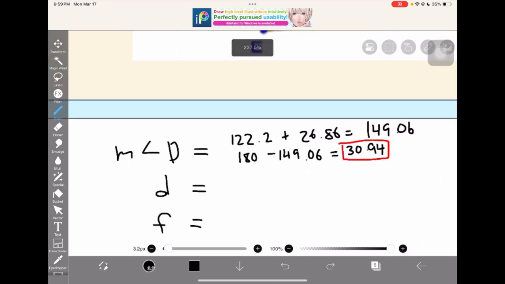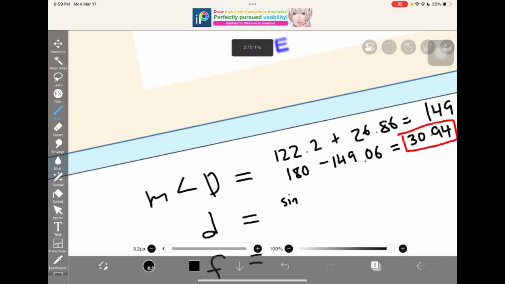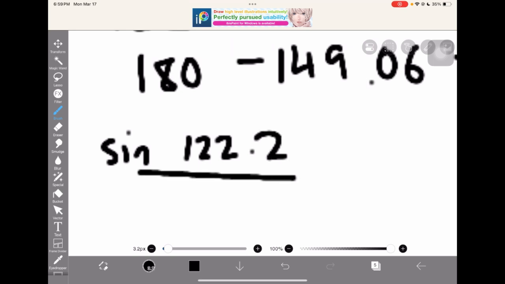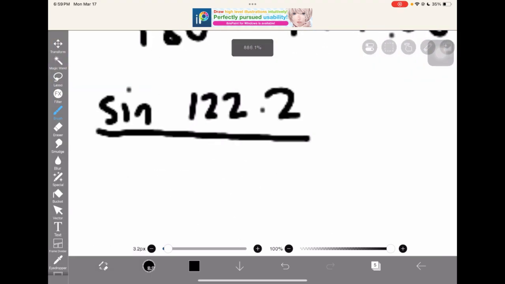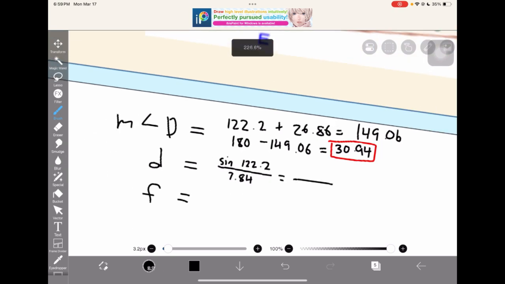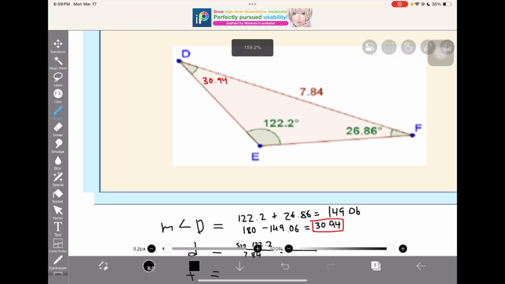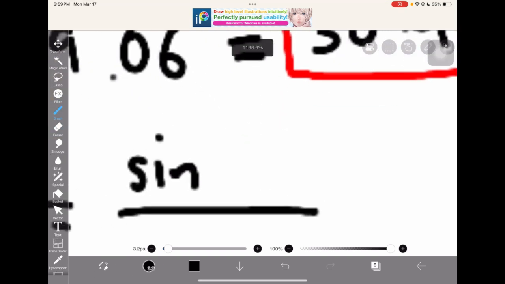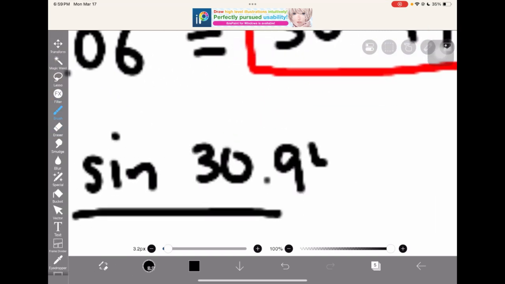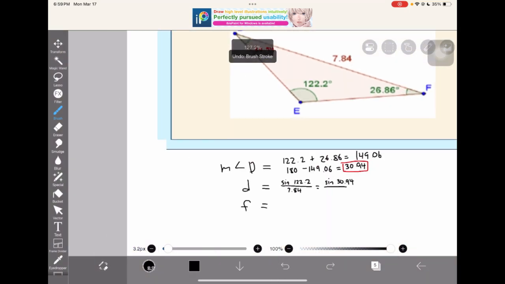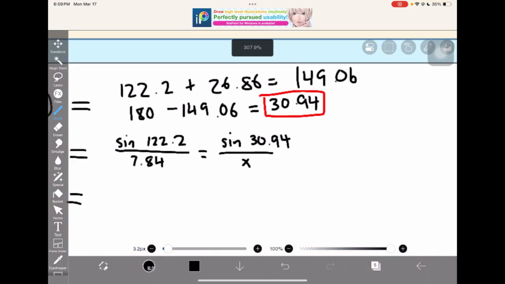So sine of 122.2 all over 7.84 is equal to, we're looking for side D, so we're doing sine of 30.94 because this is angle D over here. All over, we don't know.